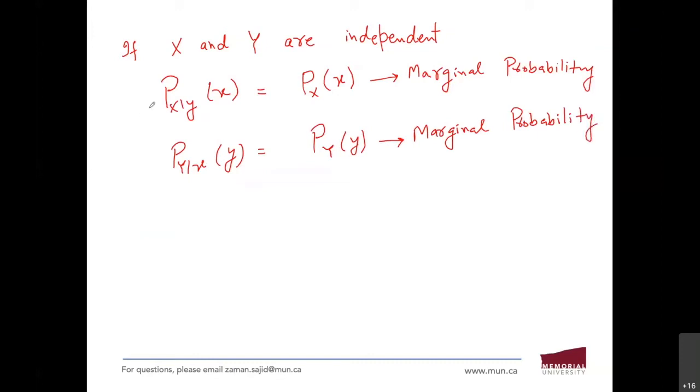Now these are for your discrete random variable. If x and y are independent in a continuous random variable, you have f of x given that y equal to your marginal probability of x.